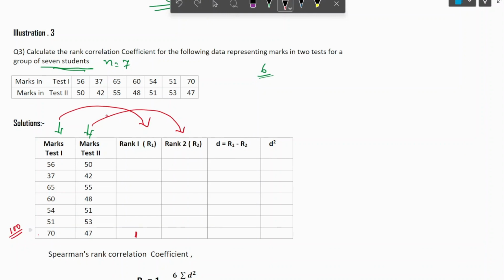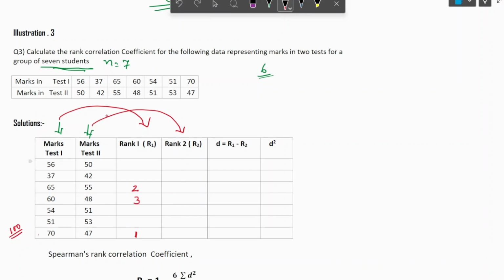Okay. Now, who got second rank? That means below 70. That is here 65, right? Therefore, be careful to check the next value. Once, if you make a mistake in assigning the rank, the entire answer is going to be wrong. Therefore, 70 got first rank, 65 second, then next below that is 60, third.